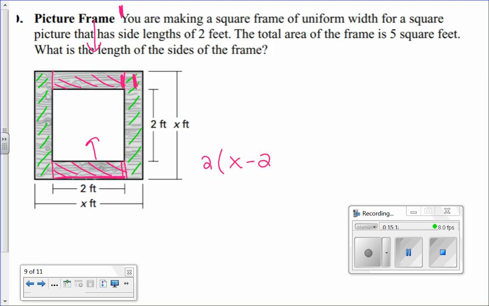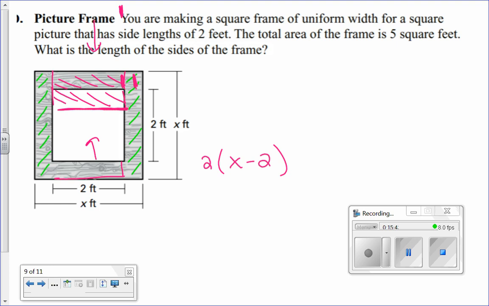So if I would take the pinks and put them together, one side would be 2, the other side would be x minus 2. I would almost use smartboard magic to put those pink squares beside each other. Almost. But can you picture it? One side would be 2, the other side would be x minus 2. Hope you can see that.